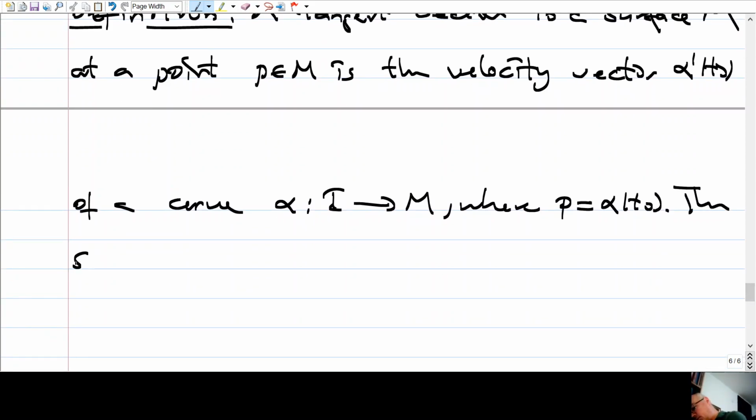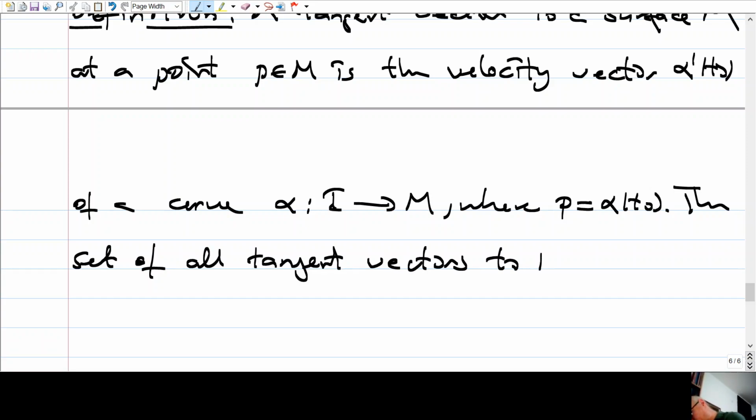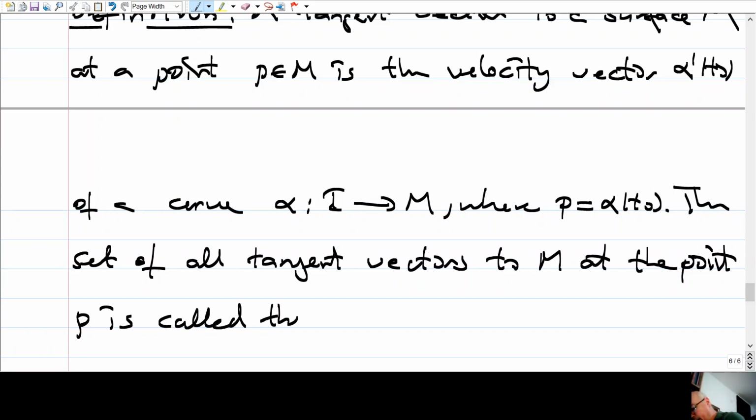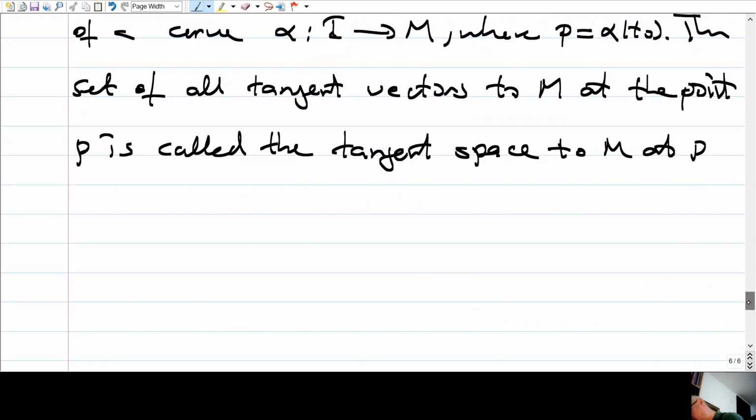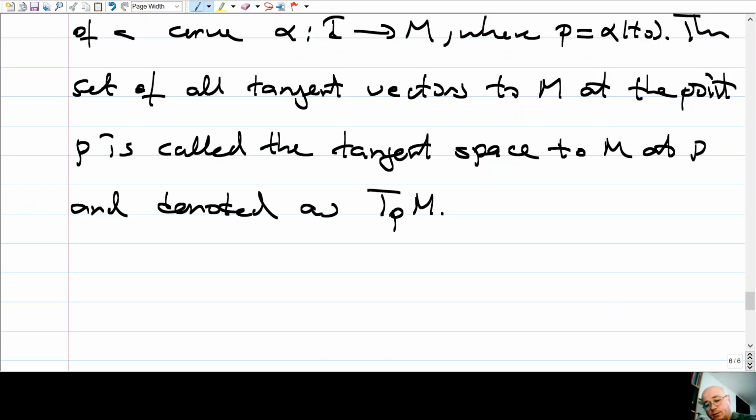The set of all tangent vectors to M at the point P is called the tangent space to M at P, and denoted as TPM as usual.